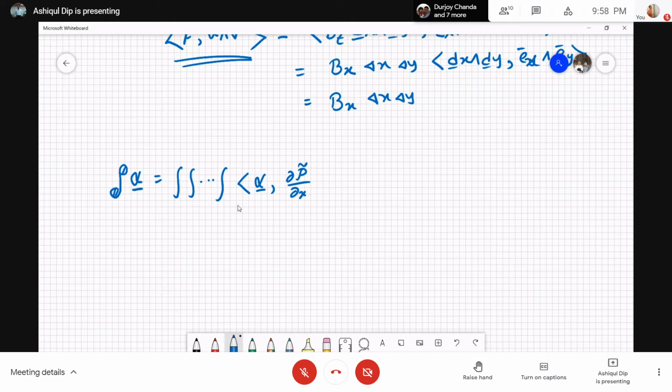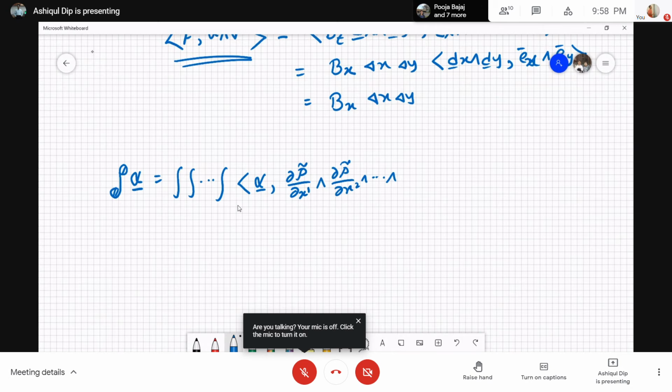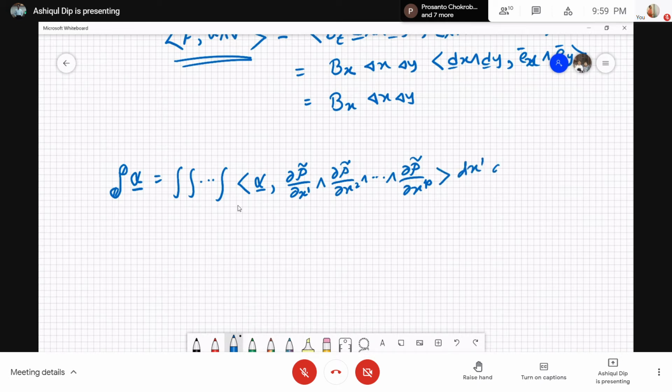If my parameterizations are the coordinate parameterization, then I could write it in a more general way, but I need not to. So this is the definition.